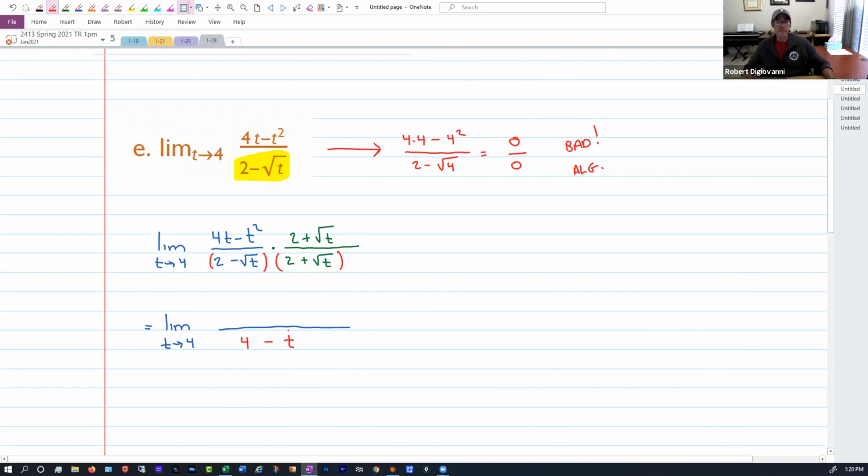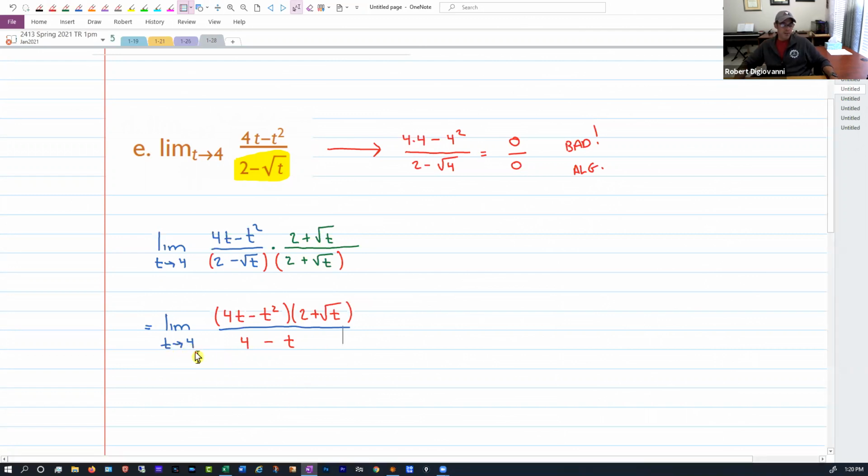Okay, so that's the bottom, right? Now on the top, do not multiply it through. Let's just leave it like that. Now you could check right now if you wanted to.